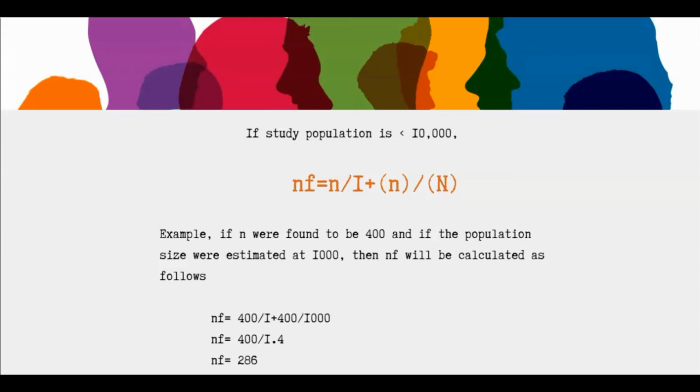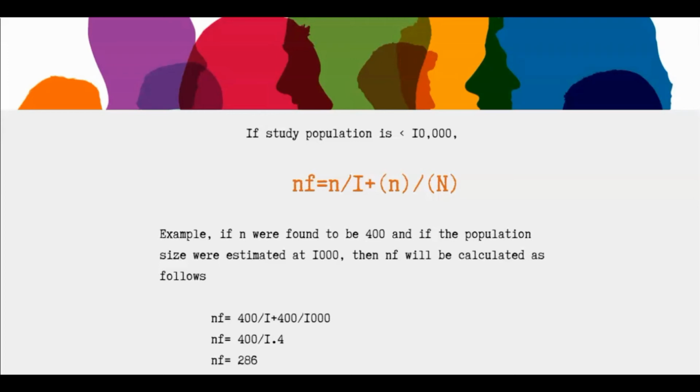Right, if the study population is below 10,000, this is the formula to calculate the sample size for a population less than 10,000. NF equals N divided by 1 plus N divided by capital N. NF is the desired sample size when the study population is below 10,000, N is the desired sample size when the study population is more than 10,000, and capital N equals the estimate of the population size.